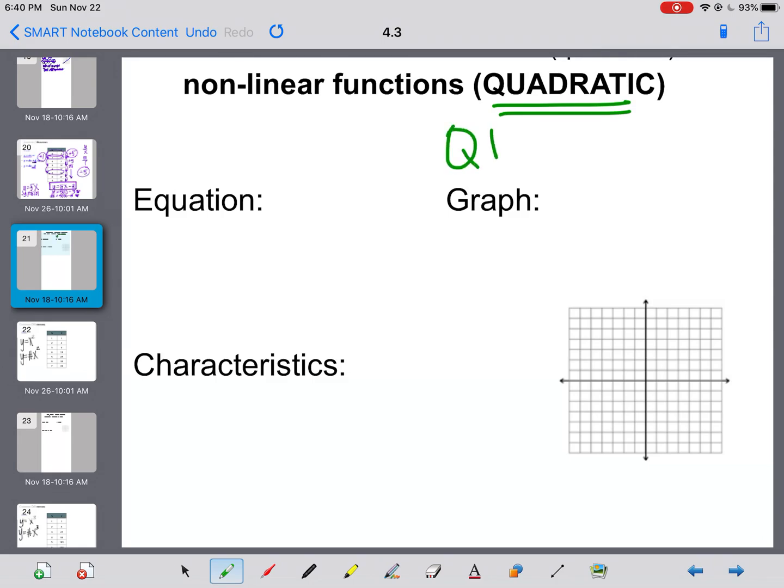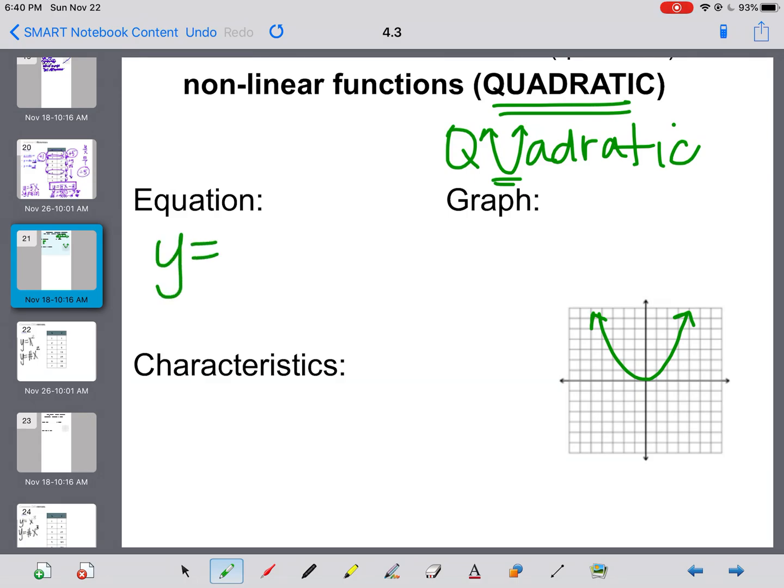All right, then we're going to move on to nonlinear functions, and there's 3 kinds that we're going to talk about. This one, the first one here, is going to be called our quadratic. Okay, I like to write it more like this, because this is what our graph will look like for quadratics.